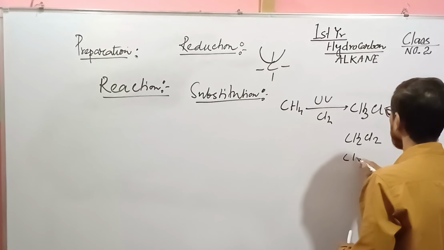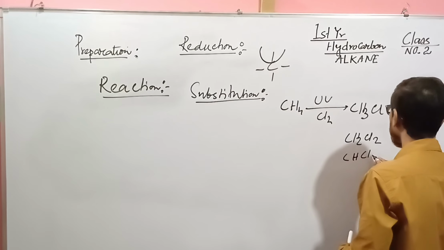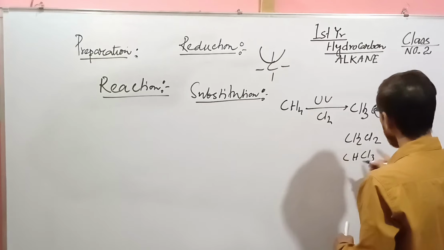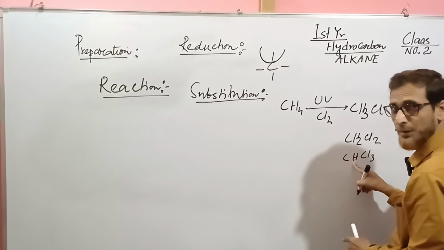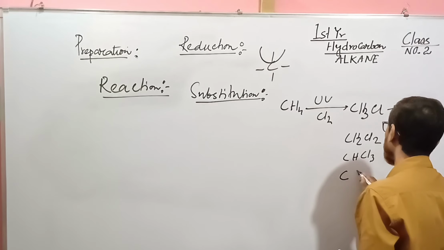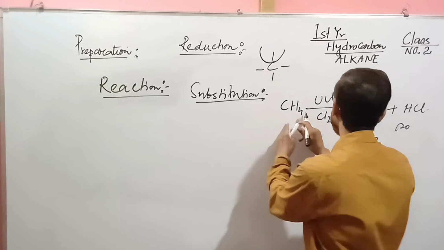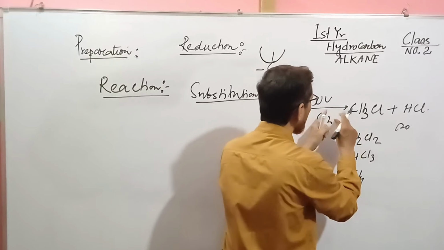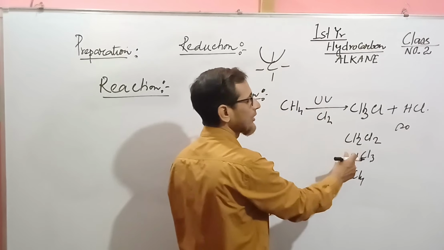You will get one hydrogen less, one chlorine more. Am I right? Next, this one left-out hydrogen will be removed and one chlorine will be added. That is, this reaction will continue until no hydrogen is left.